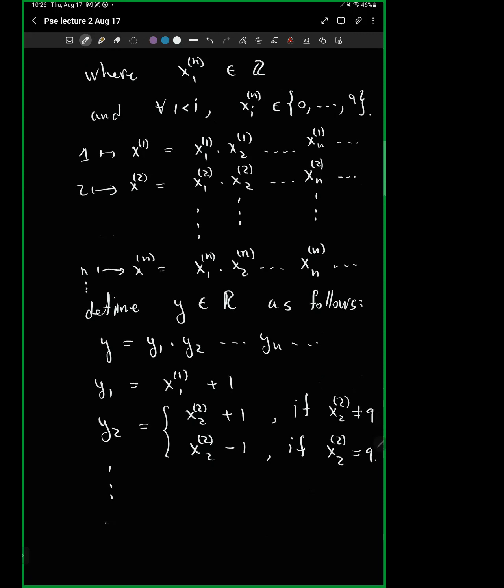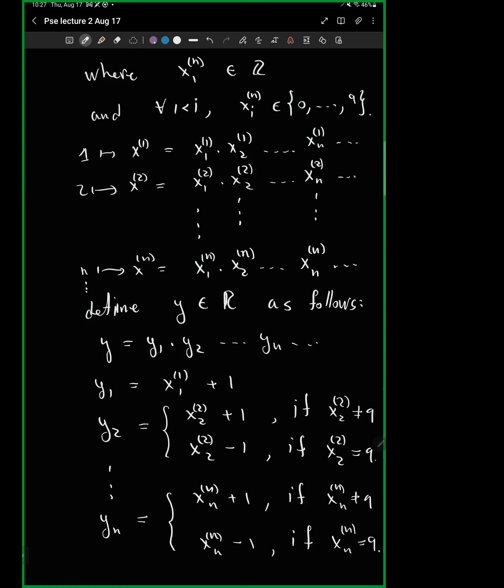And the same goes for any n. So y_n is going to be equal to x_nn plus 1 if x_nn is different than 9, and x_nn minus 1 if x_nn is equal to 9.